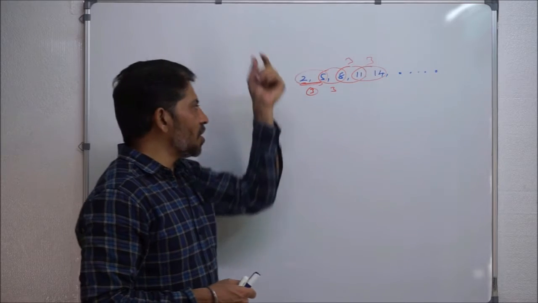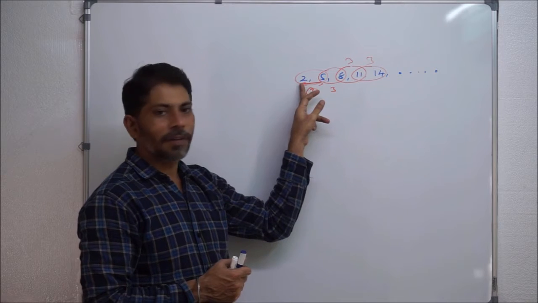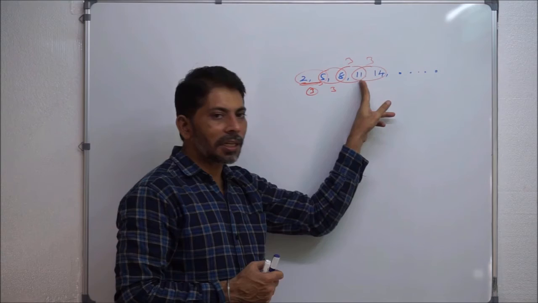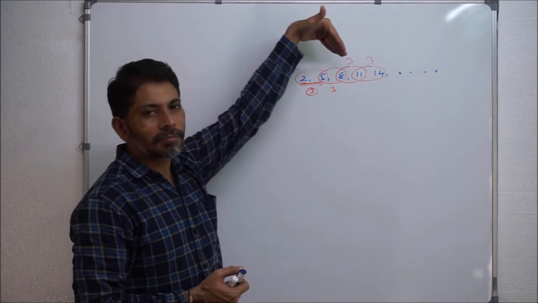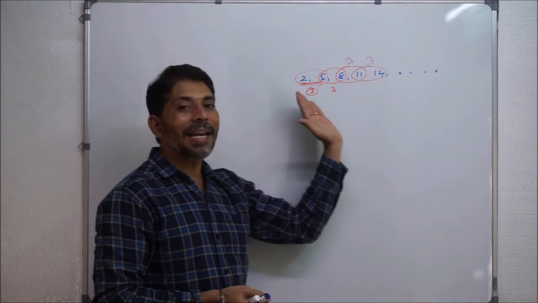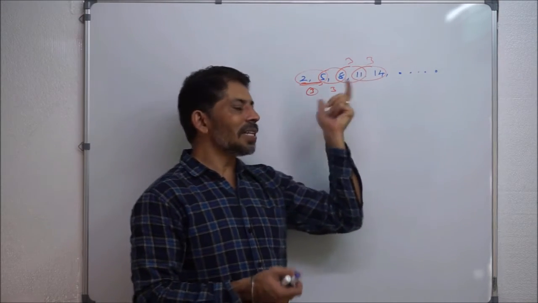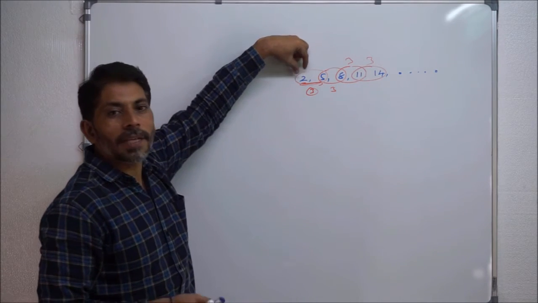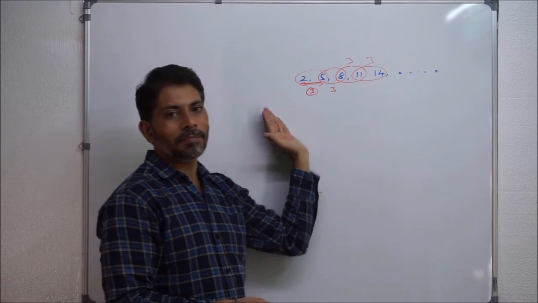this is the progression in which, to get the second term, we need to add 3 to the first term. To get the third term, we add 3 to the second term. To get the fourth term, we add 3 to the third term. Likewise, each term except the first term is obtained by adding a fixed number to its immediate preceding term.